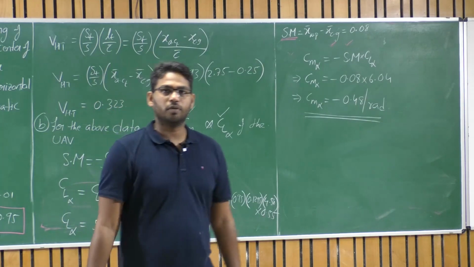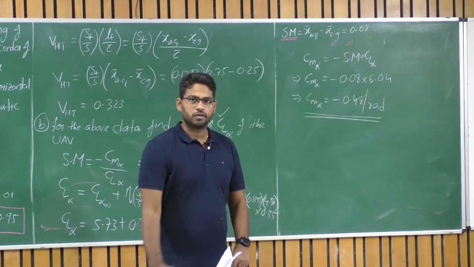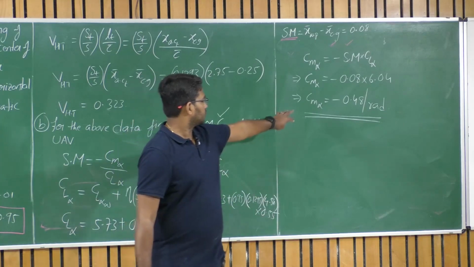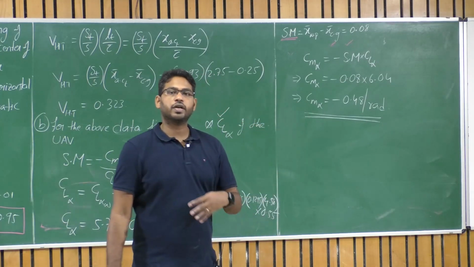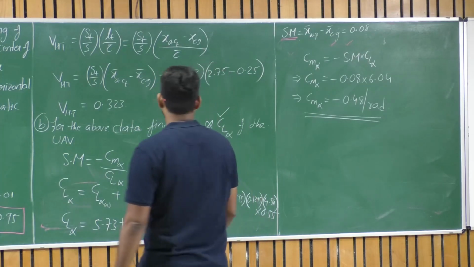Can we comment about longitudinal static stability? I don't think so, isn't it? So we just know what is CM alpha. We need to find out what is CM naught of the aircraft as well. So let's consider part C of this question.